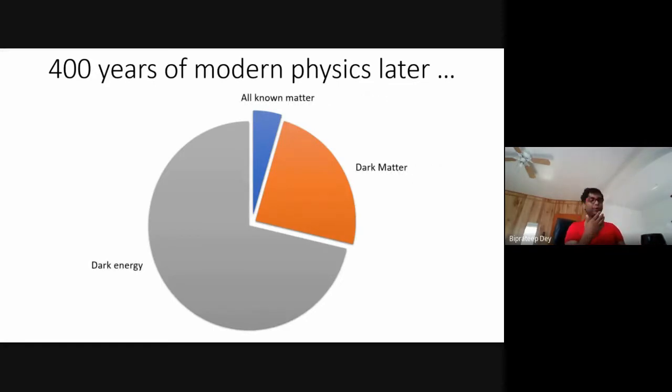So if you tally the total energy that's causing the universe to behave the way it is now, you'll find that everything we know just contributes to like 5% of the behavior, of the large scale behavior of the universe. These comprises of all atoms, molecules, you, me, an elephant, everything. So there's a lot of other stuff called dark matter, which we cannot see, but has mass.